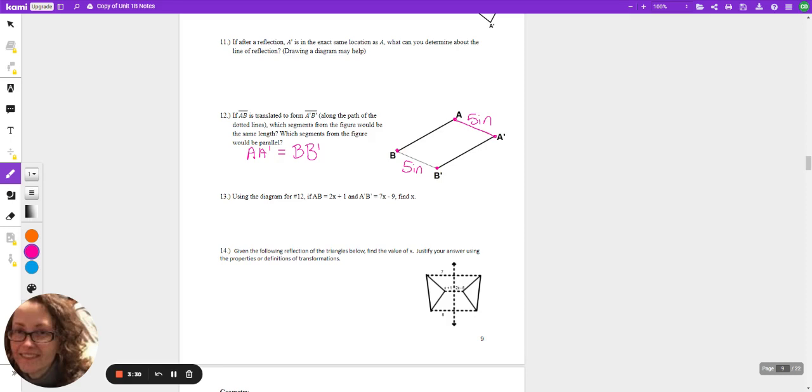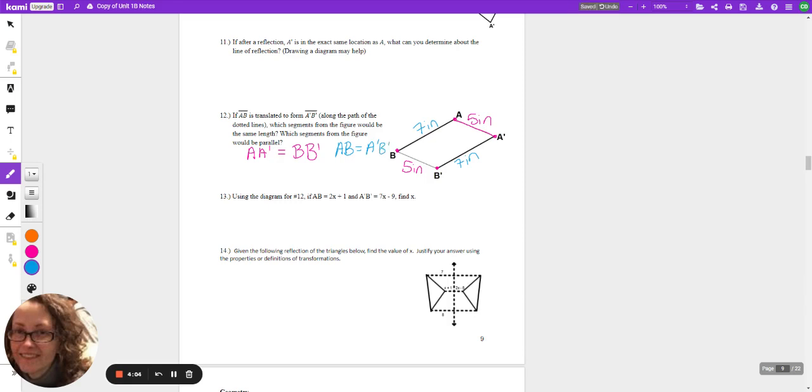I also know that my original AB, let's say if AB, the original AB was 7 inches long, that A prime B prime would also have to be 7 inches long. So AB is going to be just as long as A prime B prime.